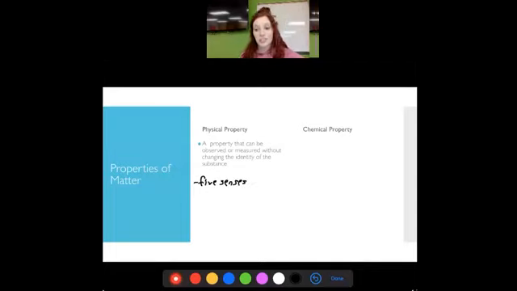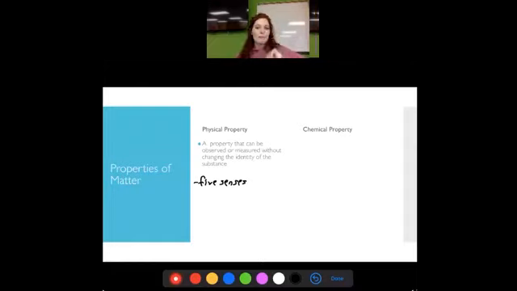So, your sight, smell, taste, hopefully not taste if you're doing chemistry. Sound doesn't really apply to matter that much. And texture. So those would be physical properties, anything that you can just physically observe about something.